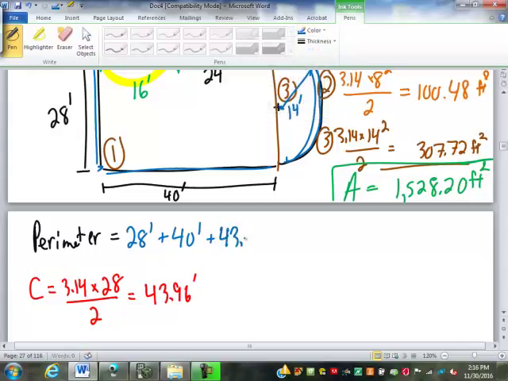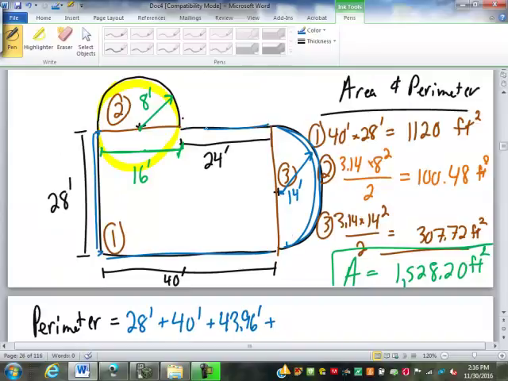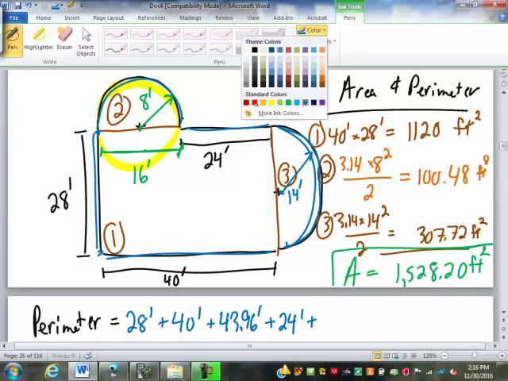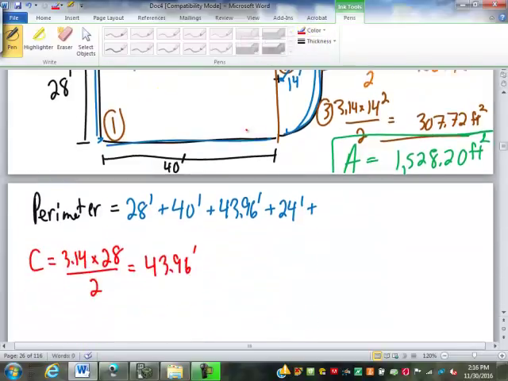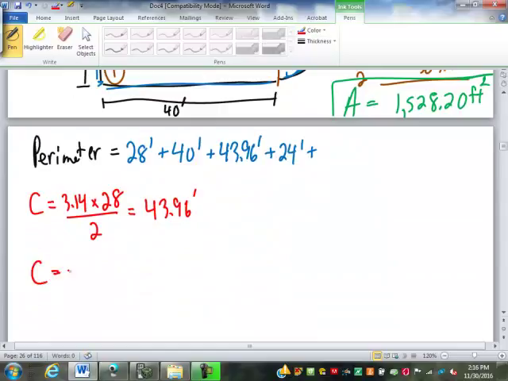So 43.96 feet plus, as I continue to go around, this is 24 feet. Plus, I have another half circle here. So that's going to be pi of 3.14 times, that diameter was 16 divided by 2, which is 25.12 feet.